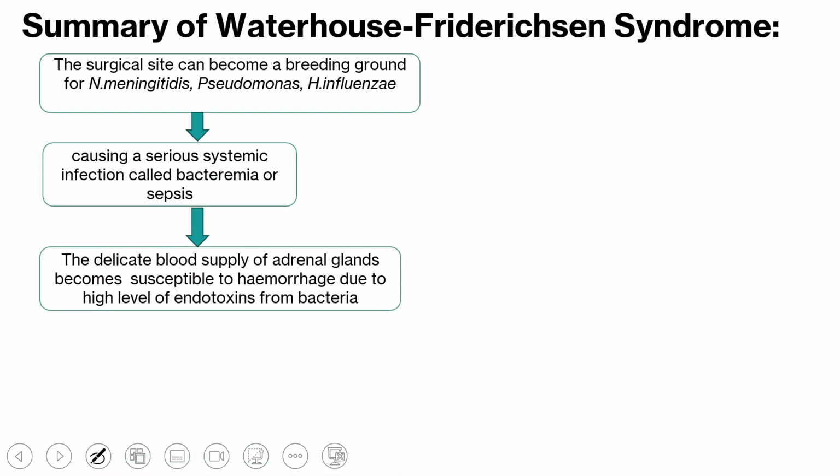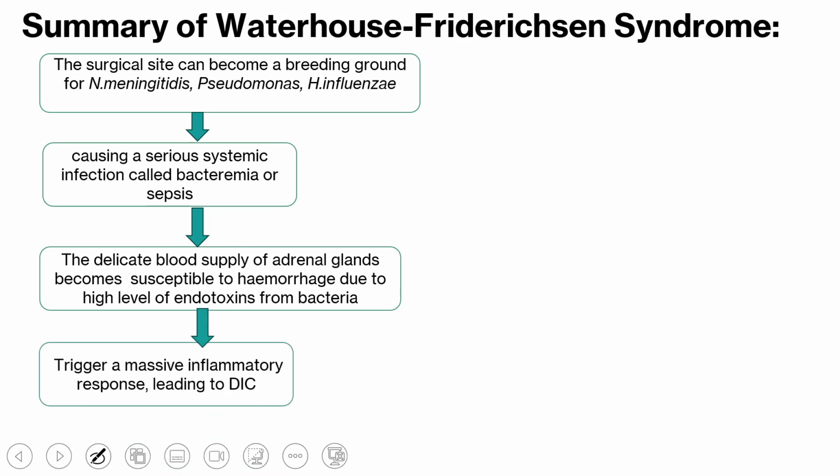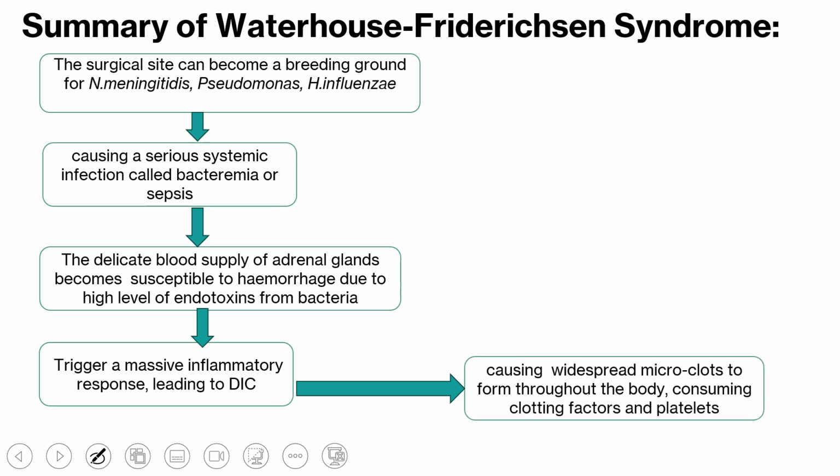The delicate blood vessels of the adrenal glands become more susceptible to hemorrhage due to endothelial injury caused by the endotoxins released by those bacteria, and this triggers a massive inflammatory response leading to disseminated intravascular coagulation. This results in formation of microclots throughout the body, consuming all of the clotting factors and platelets, and various sites become more susceptible to endothelial injury and bleeding.